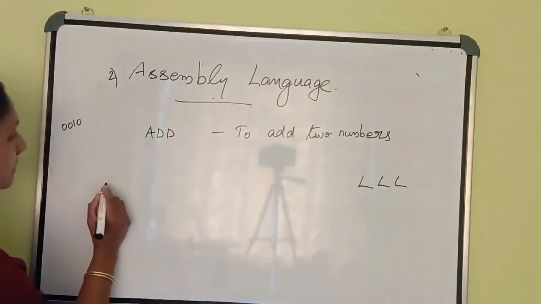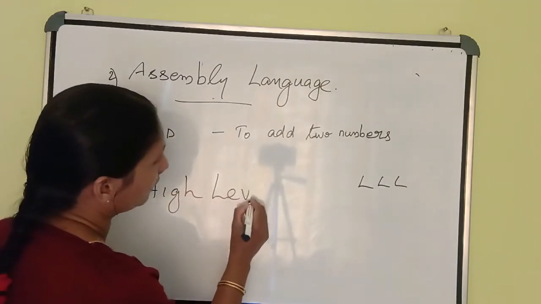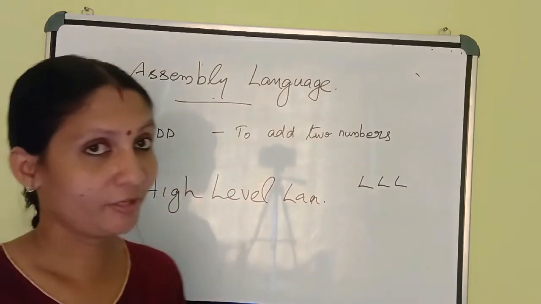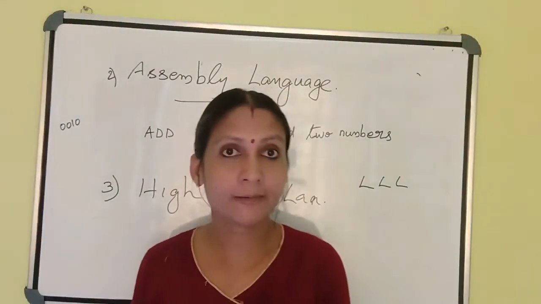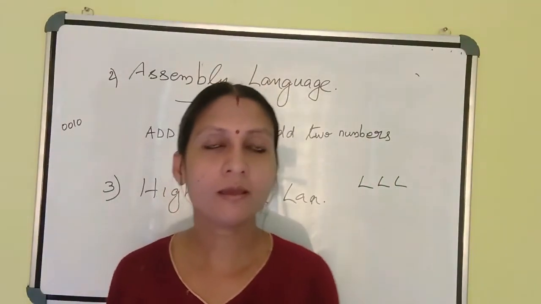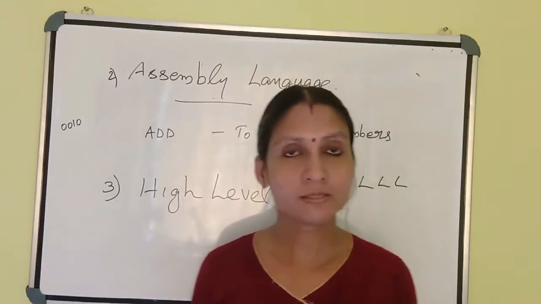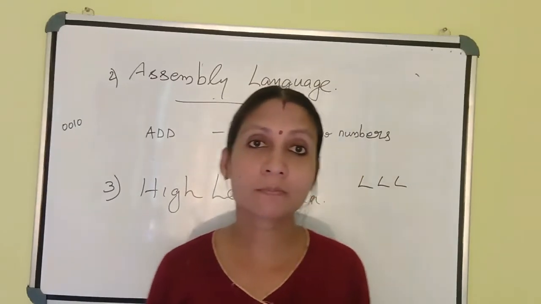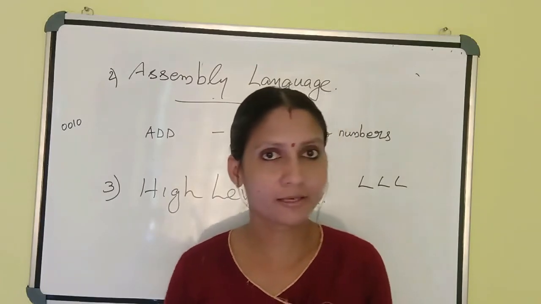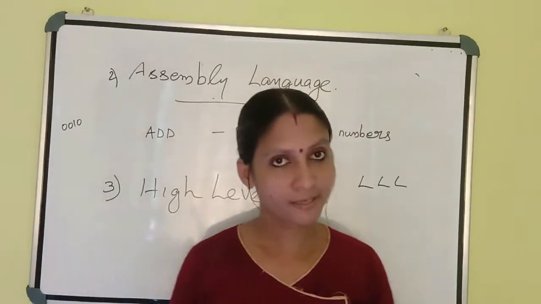And what's the third type of language? High level language. You all are familiar with high level language. We have all heard of C++, Java, and languages like that. These languages are in the category of high level languages. That means in these languages we are using some English words related to our language. We can express with the help of some English words, symbols and numbers.